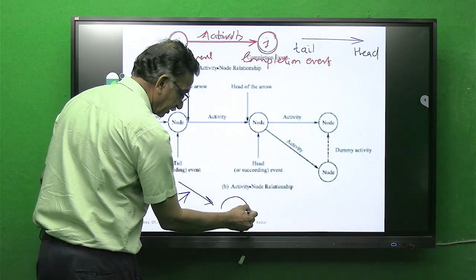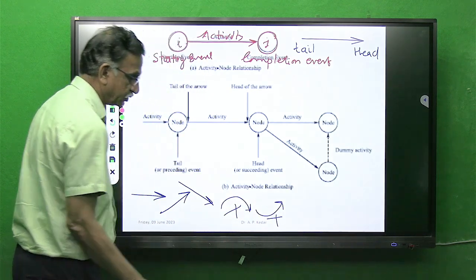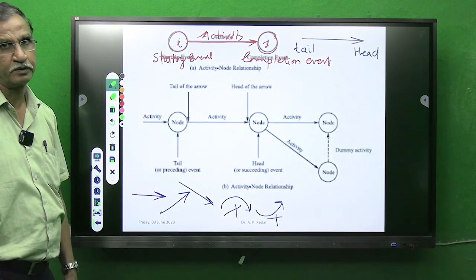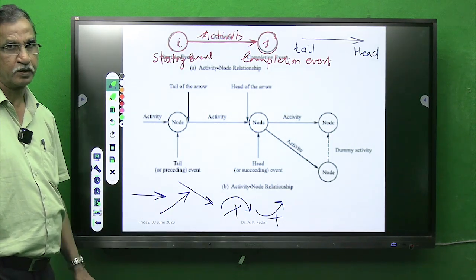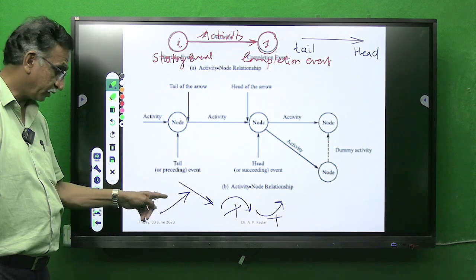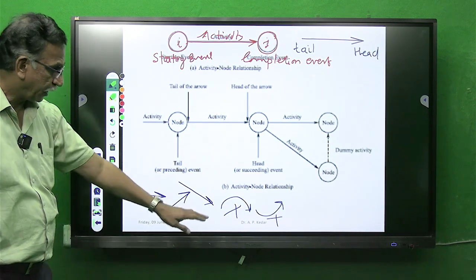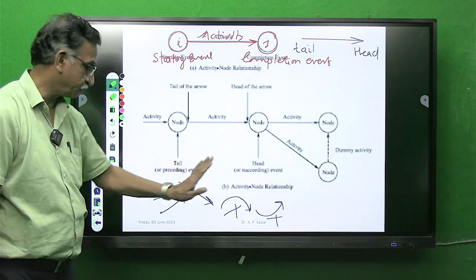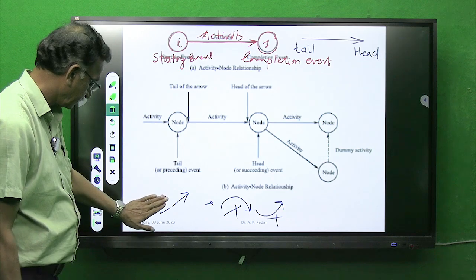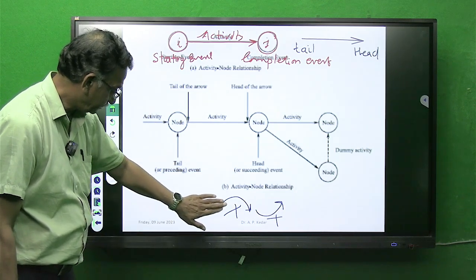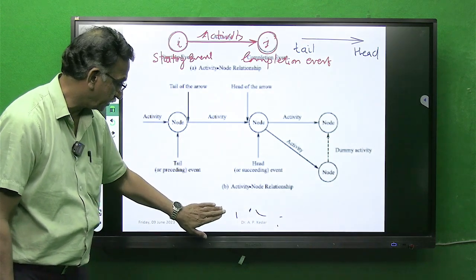But if somebody is representing activity like this or like this, it is a wrong concept in operations research or network management. Activity means it is a straight line arrow, maybe inclined one, but it is straight in forward direction. Activity is never represented by curves like this. Now, what this figure says, let's understand.